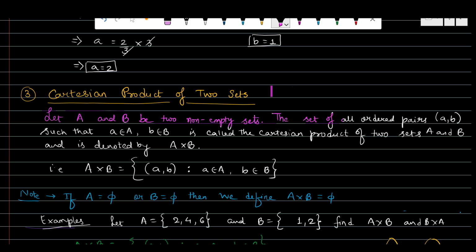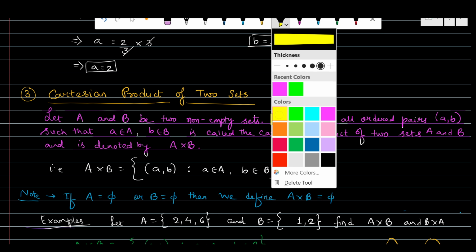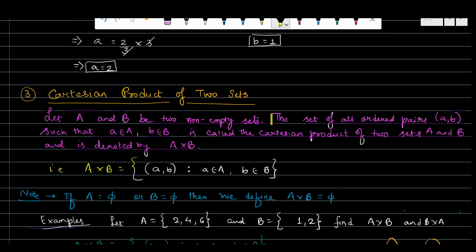The set of all ordered pairs of the form (a, b) such that a belongs to the first set A and b belongs to the second set B is called the Cartesian product of the two sets A and B and is denoted by A cross B. That is, A cross B contains all those ordered pairs (a, b) where the first element comes from the first set and the second element comes from the second set.